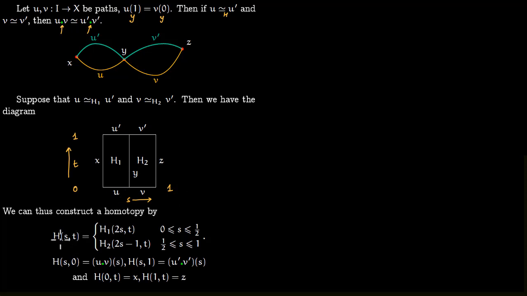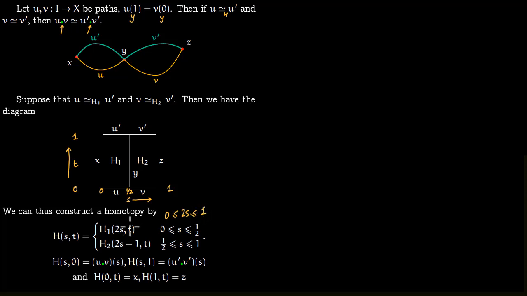So the first homotopy H of s, t is H1 of 2s, t, where s varies at twice the rate, with s lying between 0 and half. This homotopy starts from here to here. You can normalize this, and it becomes 0 less than or equal to 2s less than or equal to 1.